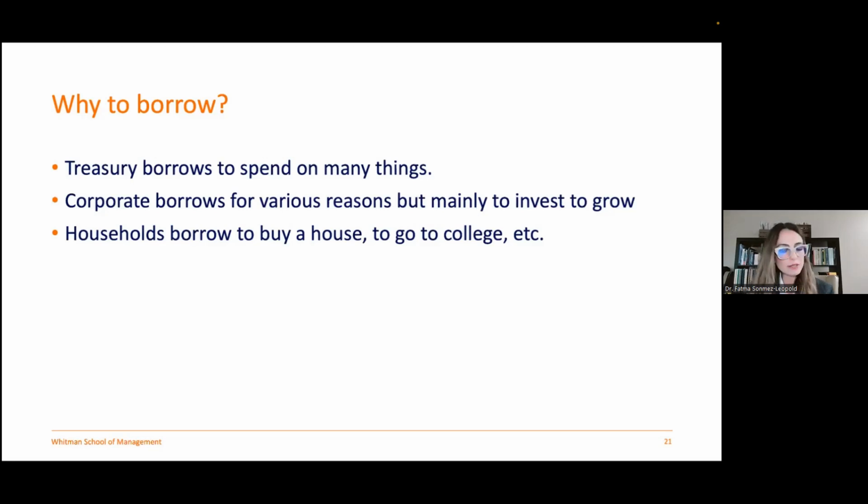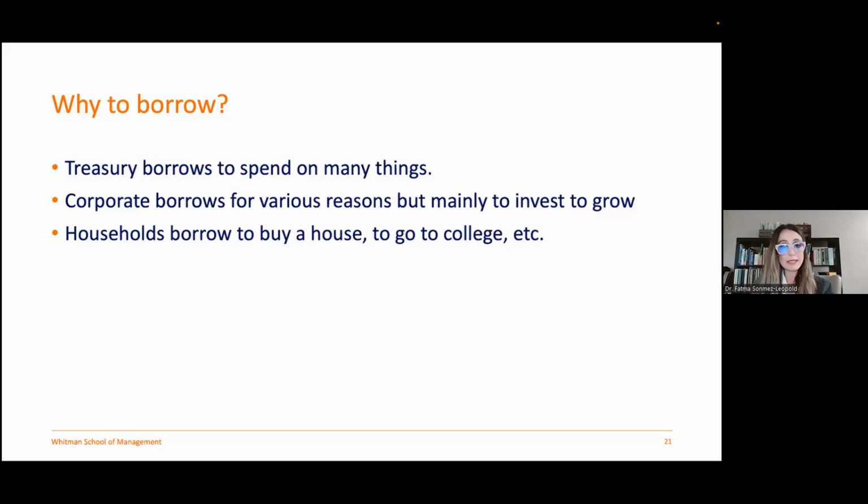Right now in the United States, we have a huge deficit, and the U.S. government has to borrow. Now, corporations borrow for a variety of reasons, but mainly to invest and grow, because corporations have good projects, and those good projects need money to invest in, so corporations have to borrow.